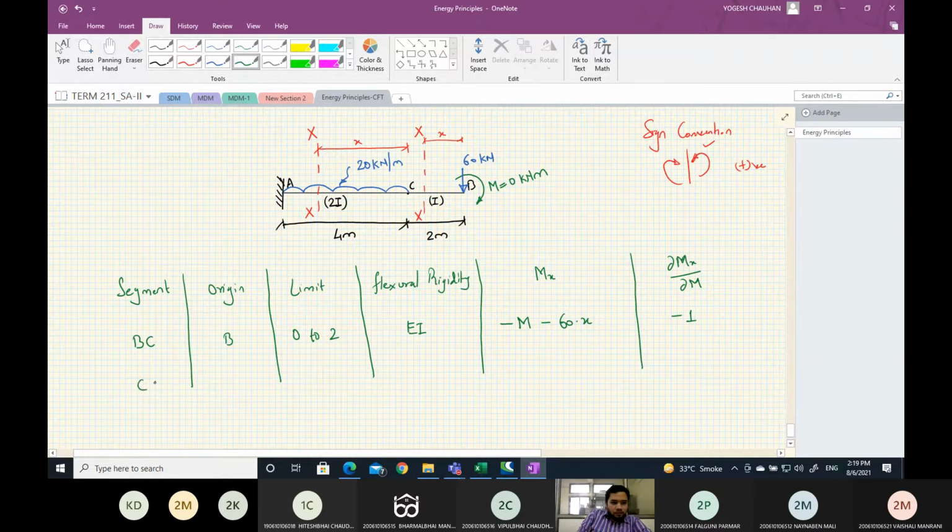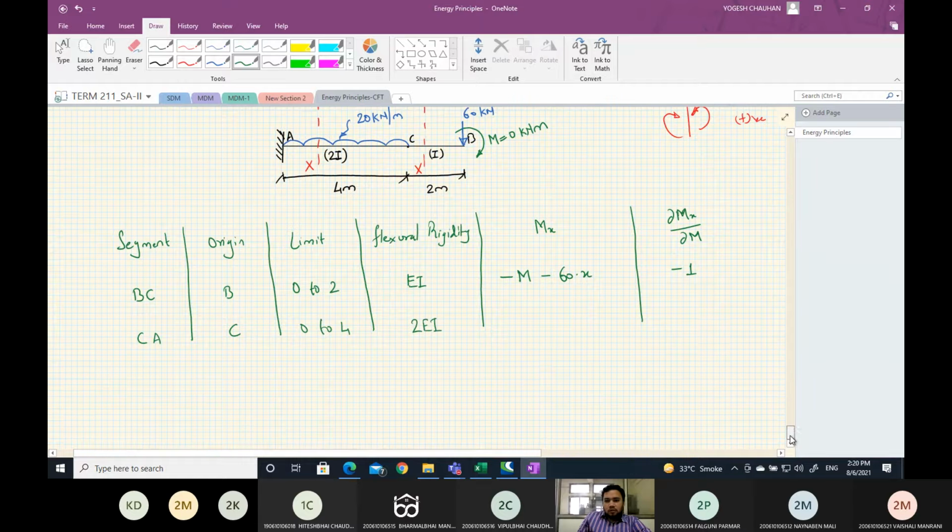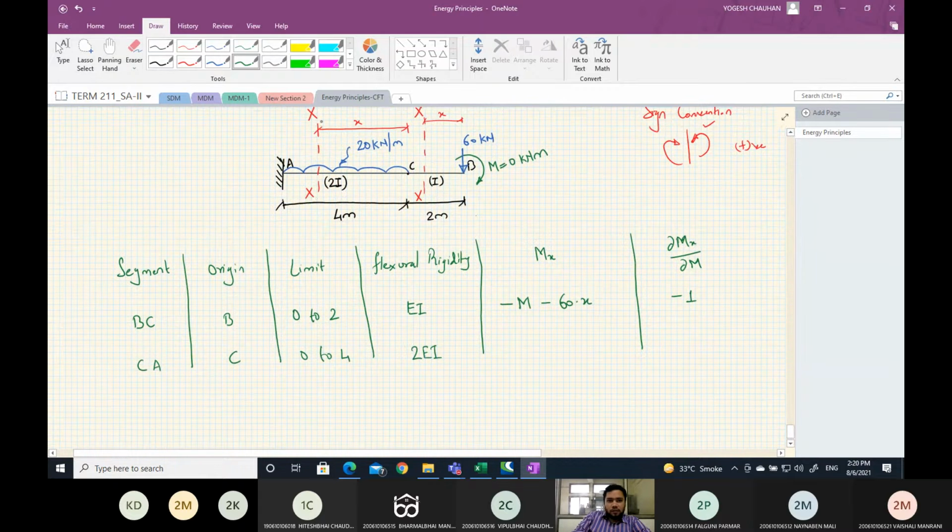Then C to A, origin is C, limit will be 0 to 4, flexural rigidity is 2EI. Now the moment about this section XX will be equal to minus M minus 60 into x plus 2 and minus 20 into x square by 2.